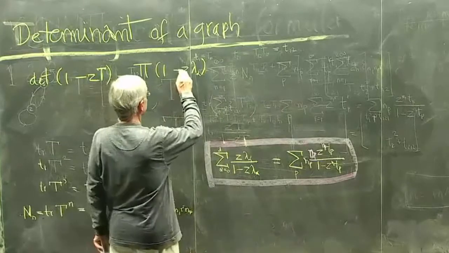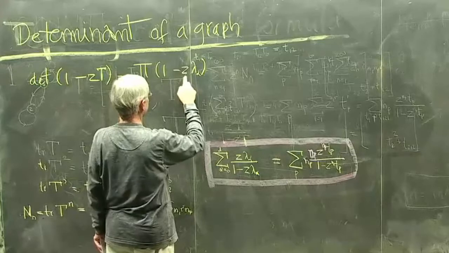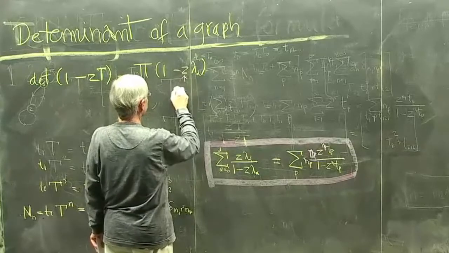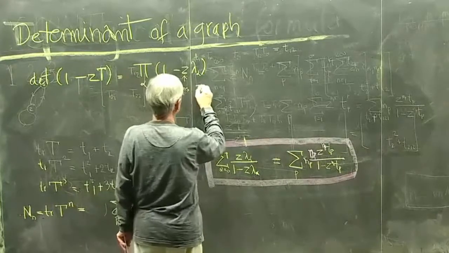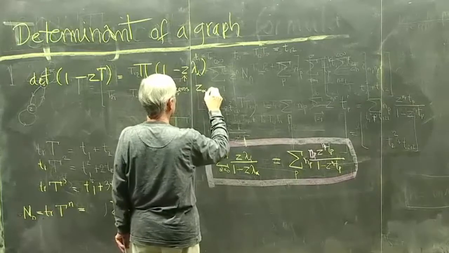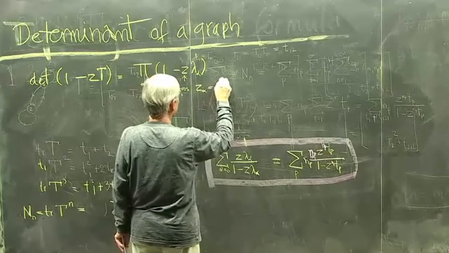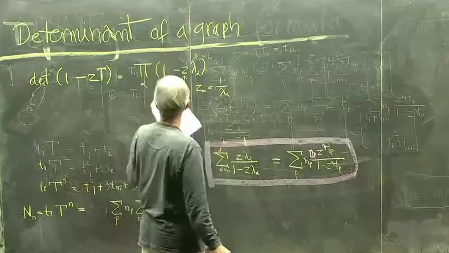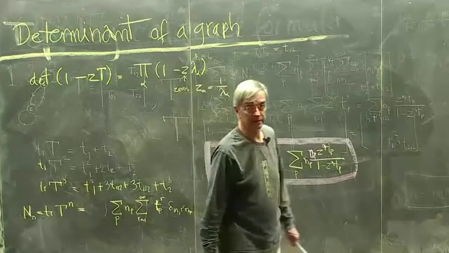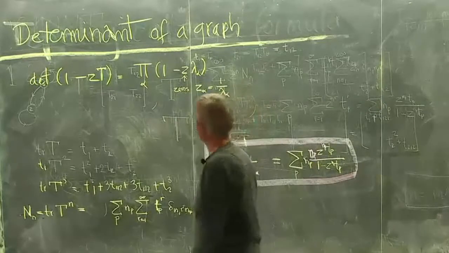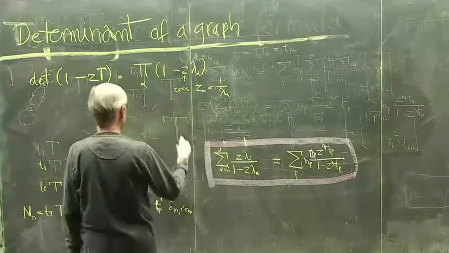And every time this thing vanishes, the zeros, the alpha, are the inverse eigenvalues. You can find the zero of the determinant. I will find, for each zero, the eigenvalue.